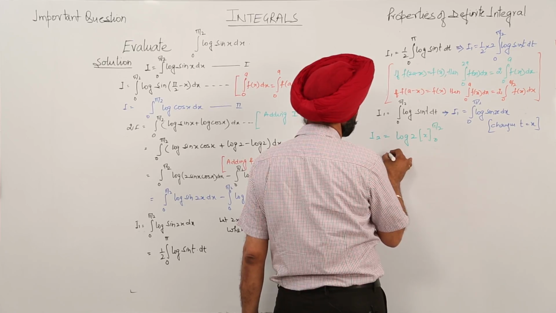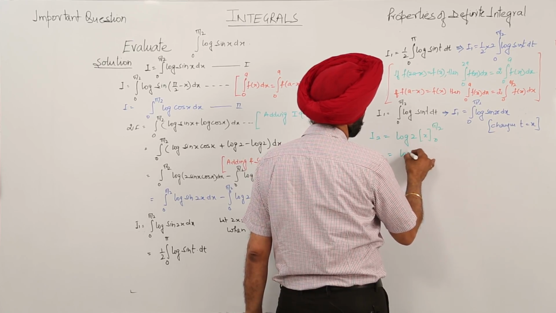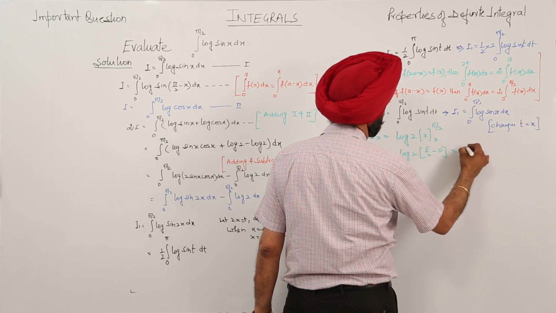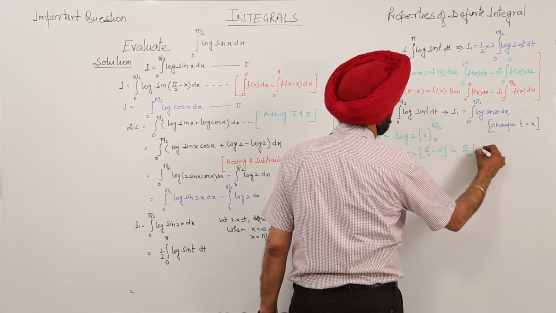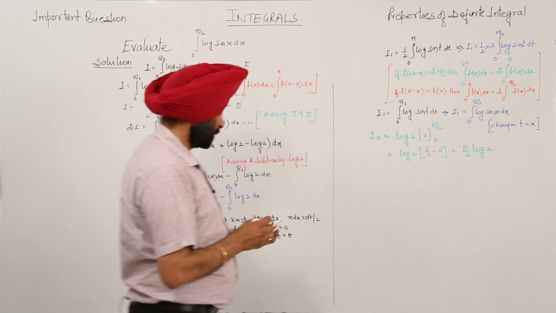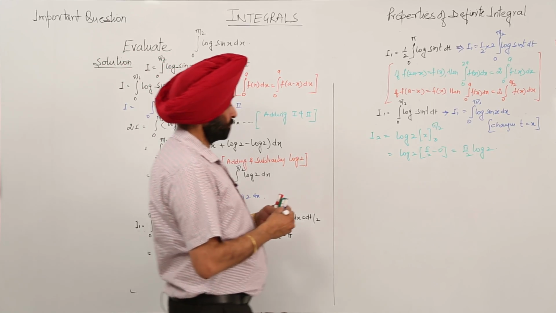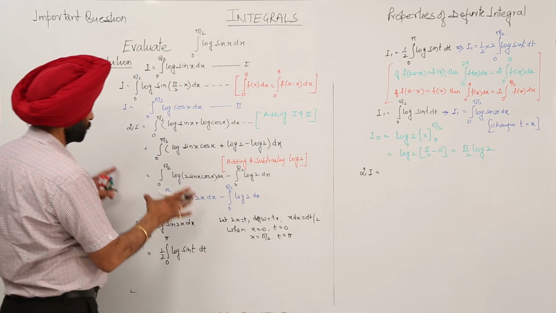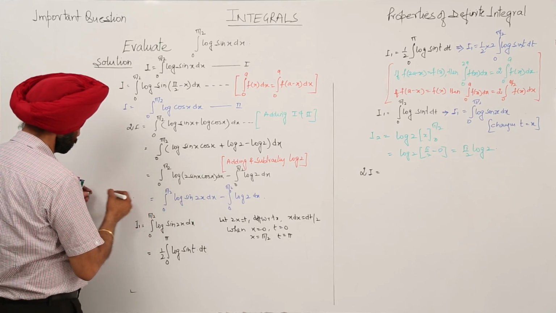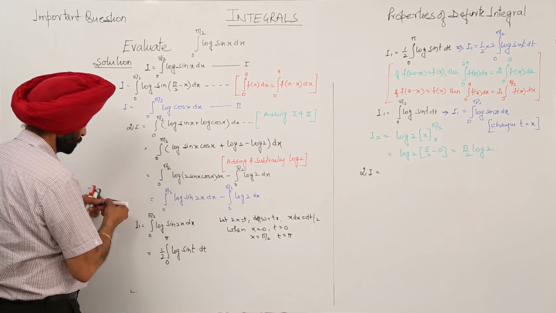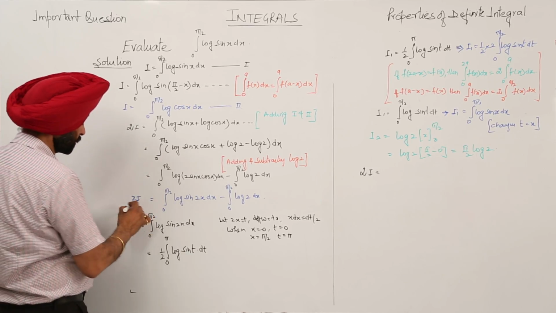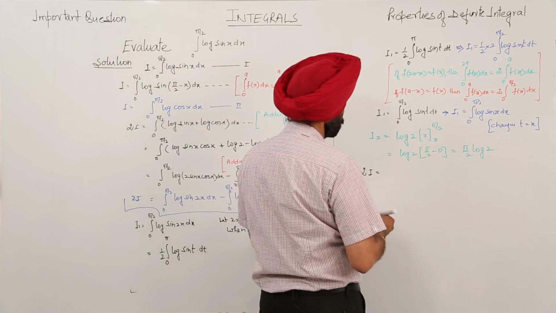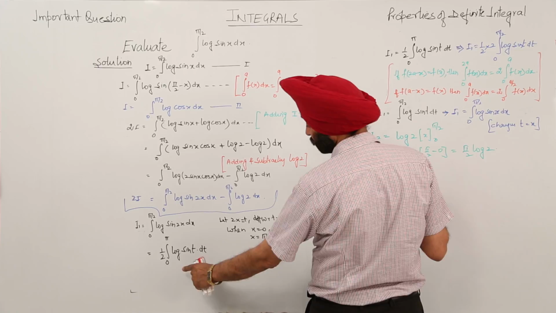This is equal to log 2 times (pi by 2 minus 0), which is pi by 2 log 2. Now from this part we have 2I.